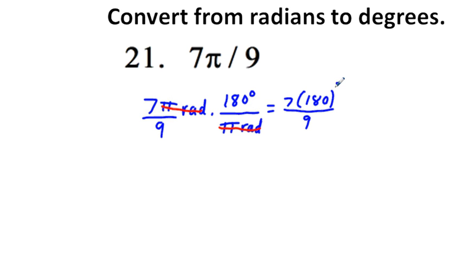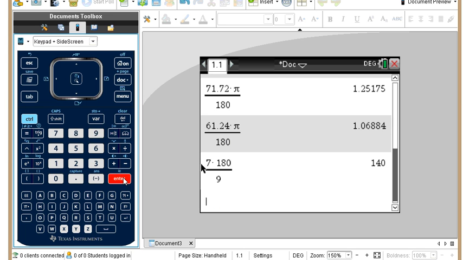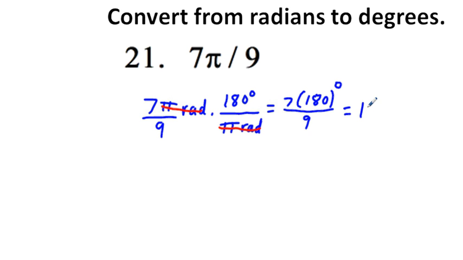And that's going to be in just degrees. So, in our calculator, seven times 180, and we're going to divide that by 9, we get 140. So 140 degrees is our answer. Okay, good.